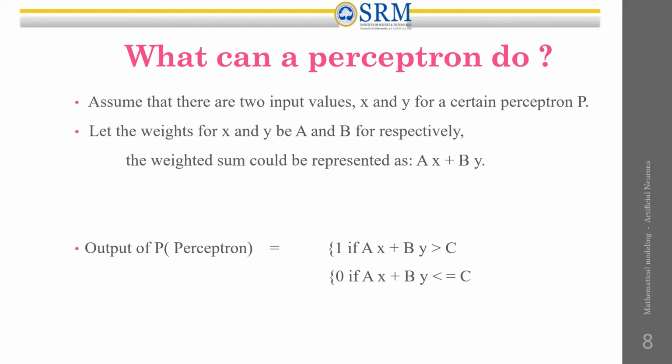Since a perceptron outputs a non-zero value only when the weighted sum exceeds a certain threshold C, the output of the perceptron can be represented as follows. That is, the output of perceptron P is equal to 1 if ax plus by is greater than C. The output of the perceptron is equal to 0 if ax plus by is less than or equal to C.